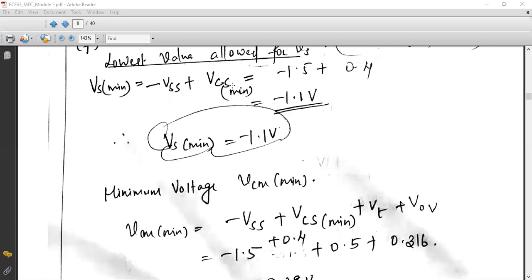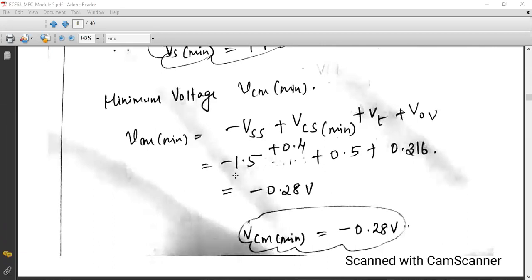What is the voltage across a current source? The minimum value is 0.4. It is given in the question. So that we have considered, and then we have found the minimum voltage of the common mode range. Got the difference between the two cases? In the earlier case, I have taken VCS as 0 volt to compute the range, and here I have taken VCS as 0.4, that is a minimum condition to compute the minimum voltage VCM min. Any doubts?